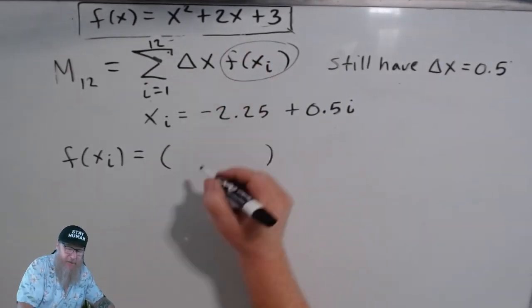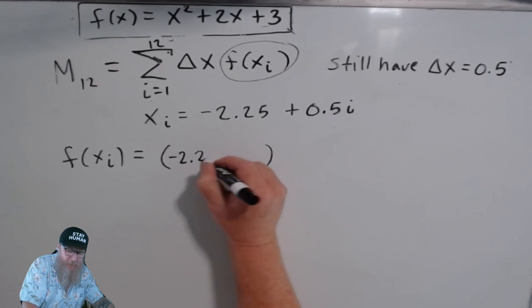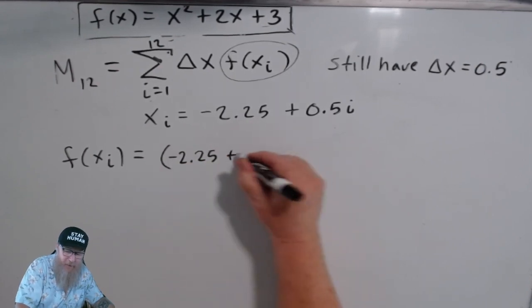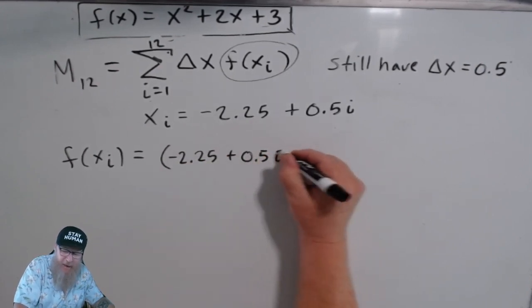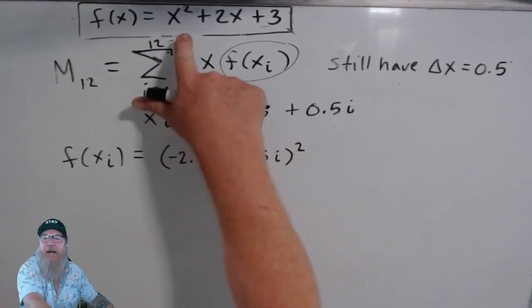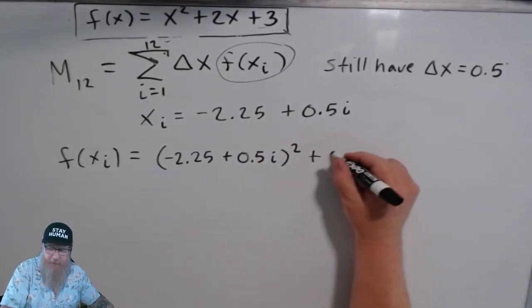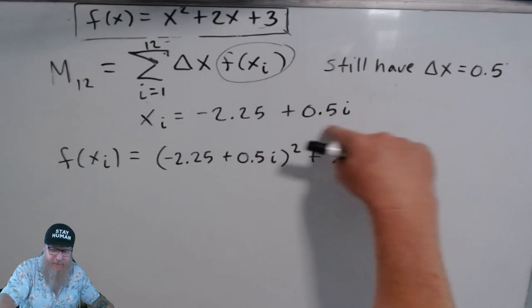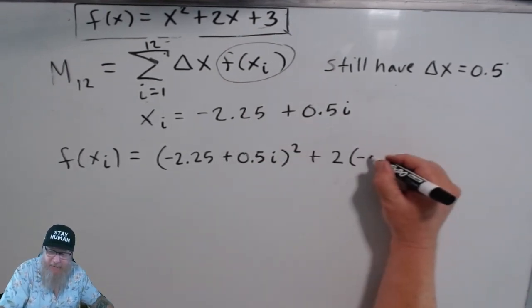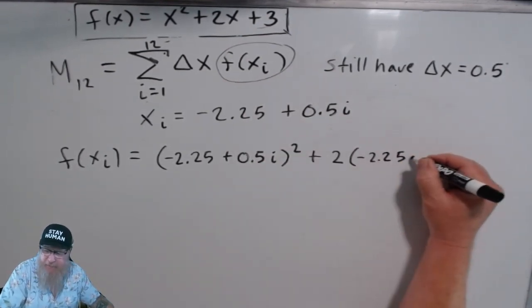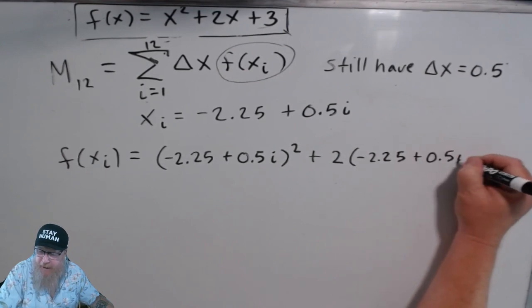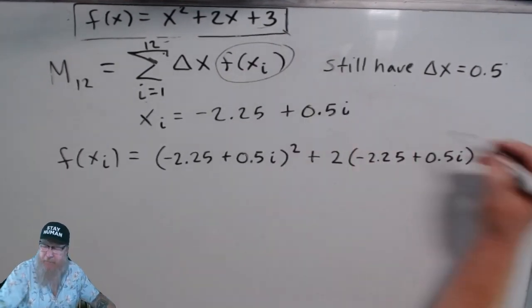So we have x squared, which will be negative 2.25 plus 0.5i squared. So that's your x squared. Plus 2 times x, and again, xi. So negative 2.25 plus 0.5i, and then plus 3.